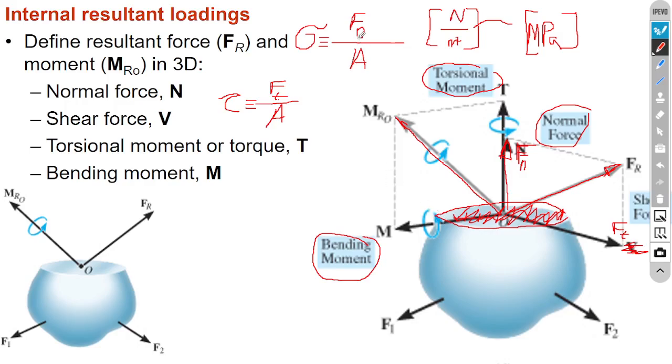If writing the stress value, if we use the unloaded size of the cross section, the unloaded size of the area, say the initial area, then the stress is called engineering stress.